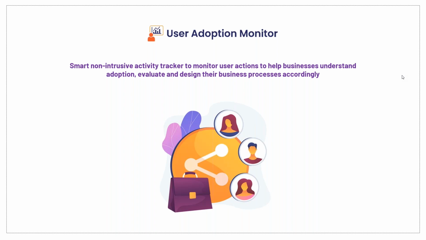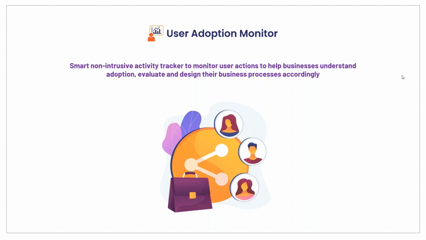But once you have motivated, it's equally important for organizations to keep track whether their motivational efforts are being invested in the correct direction or not. Whether the users are actually adopting the CRM, and that's where our solution, User Adoption Monitor, is very, very handy.